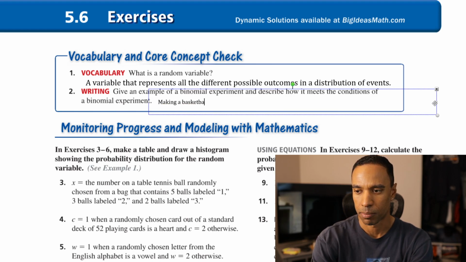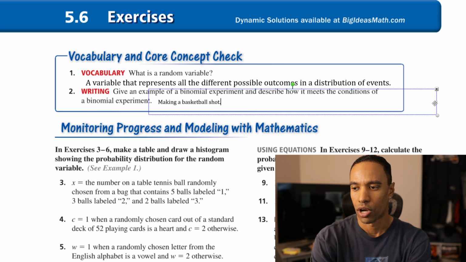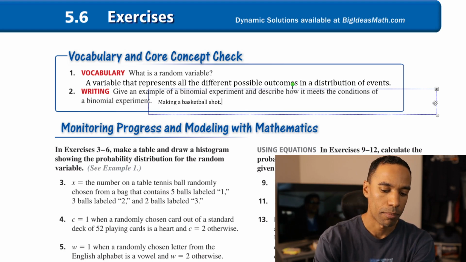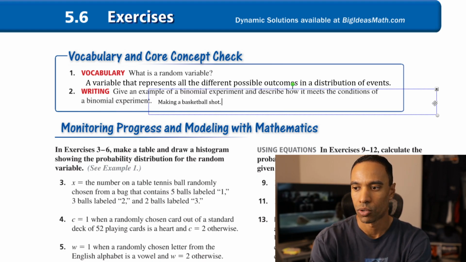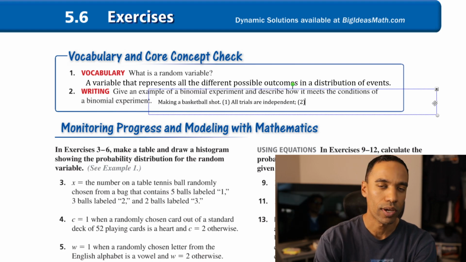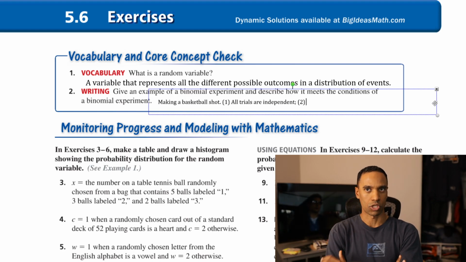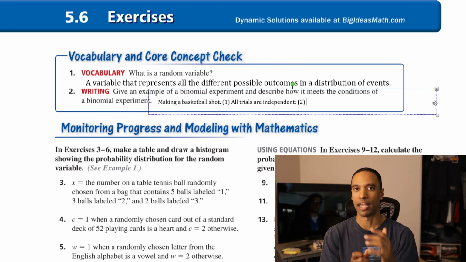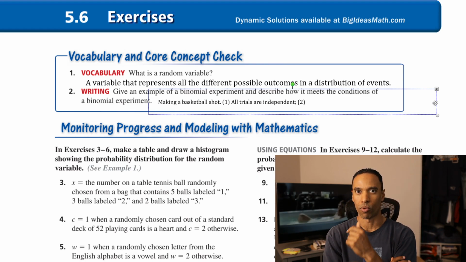Making a basketball shot. So here's why it meets the conditions. You can have a certain number of trials that are all independent. So one, all trials are independent. That means making one shot, and you could argue this isn't necessarily the case, right? If I miss a shot, I'll go, oh, I missed to the left, or I missed too far. I should weaken my shot a little bit more like that.